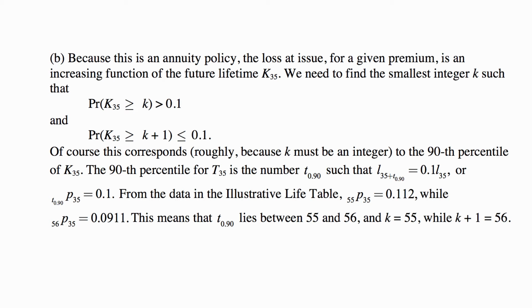Of course, this corresponds roughly, not exactly because k is an integer, but what we're looking for is roughly the 90th percentile of K35. Well, let's consult T35, the corresponding continuous length of lifetime.